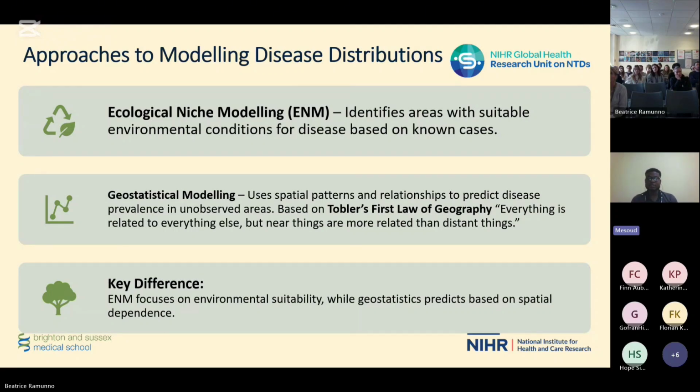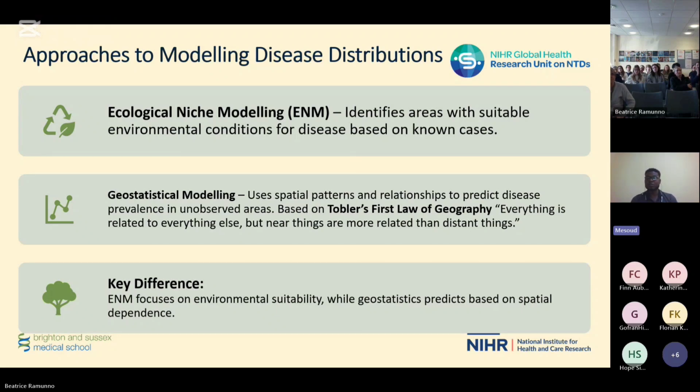And number two is the geostatistical model, which uses spatial patterns and relationships to predict distribution of disease in unobserved areas. The geostatistical model depends on the first law of geography. It says that everything is related to everything else, but near things are more related than distant things.